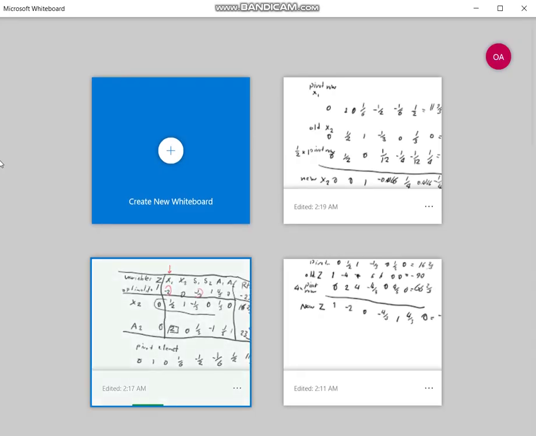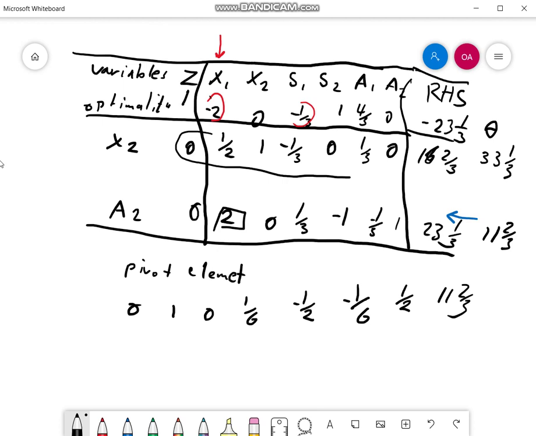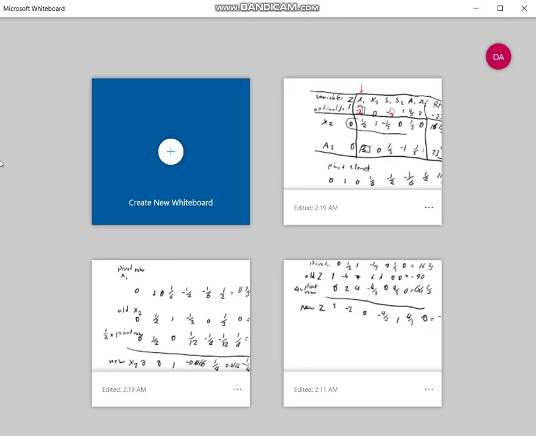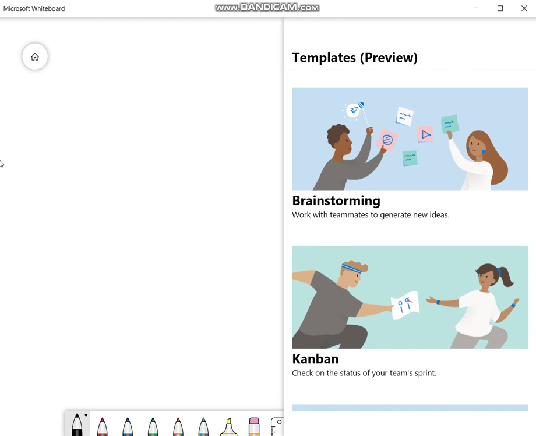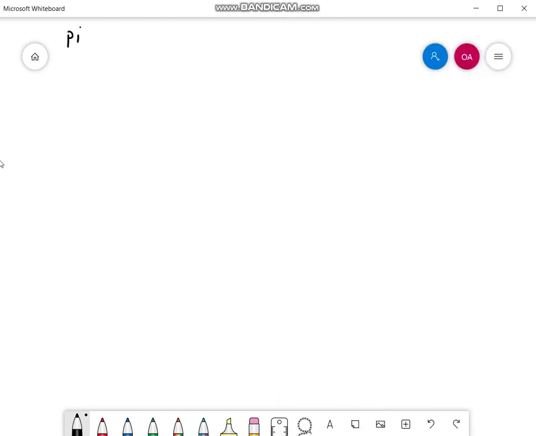Then we're gonna go back to z. So we want to nullify this value through this one, so we can add them together directly, or you just put the pivot row, to make your solution more consistent. So we have the original pivot row, which is 0, 1, 0, 1 over 6, minus half, minus 1 over 6, half, which is equal to 11, 2 over 3.